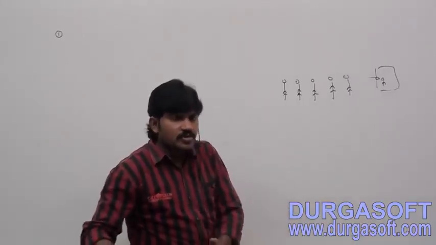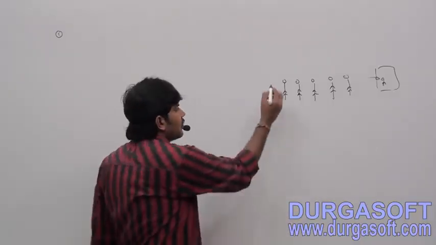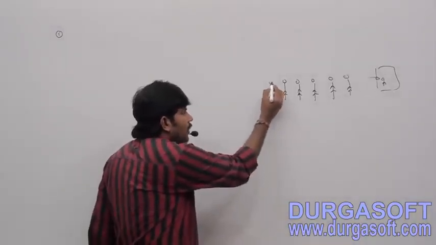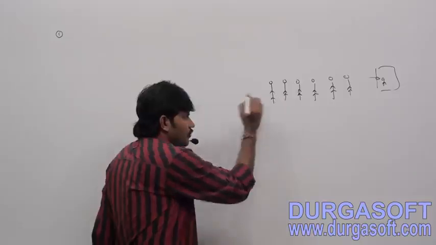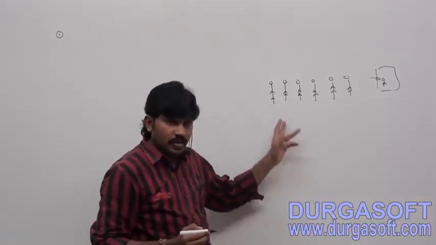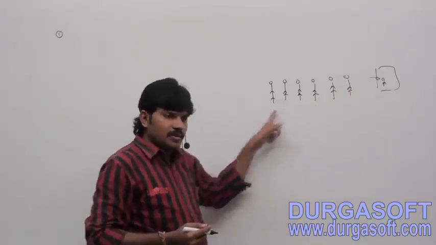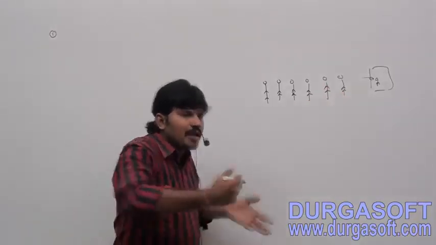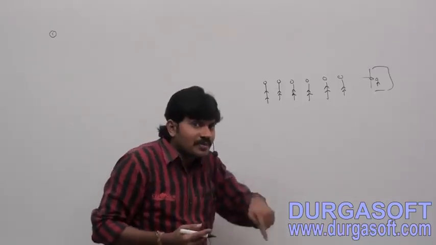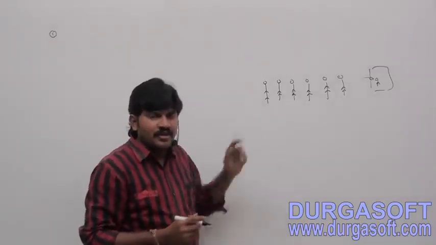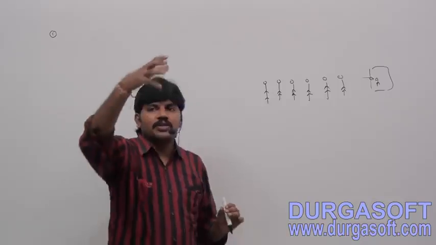So make him stand in the queue, and he will get that service. So I want to add an object means you have to offer some service for this person. What is the method to add an object to the queue?